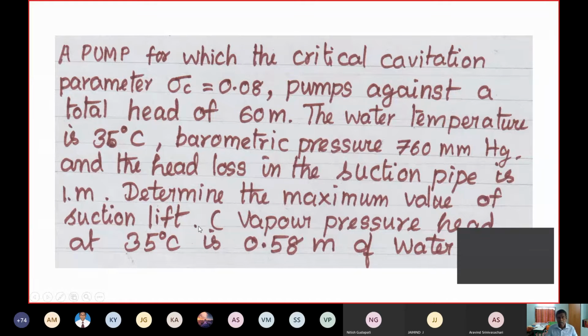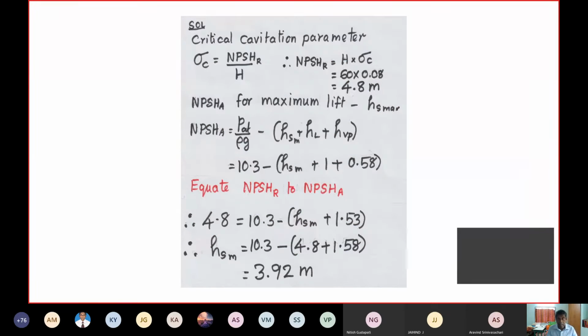Okay, so what is given is the head pumped by the pump, 60 meters. Actually, that is used for calculating the NPSH required. You'll see in the next line.